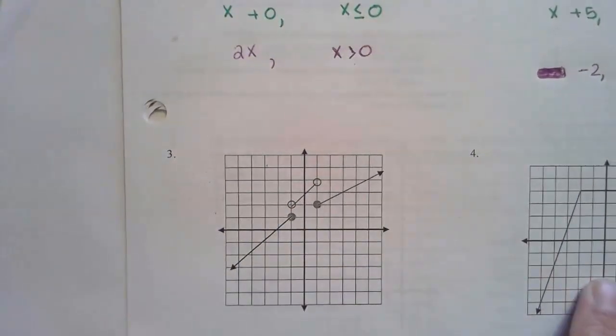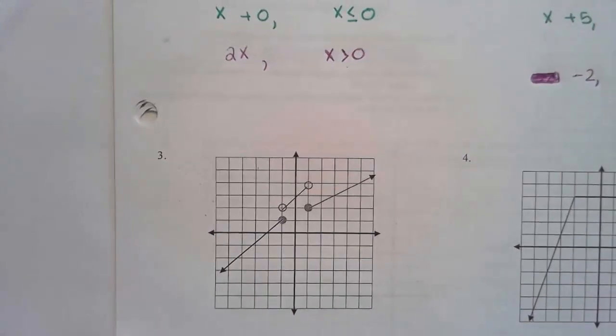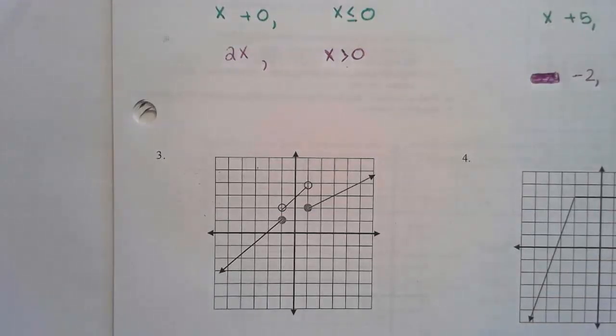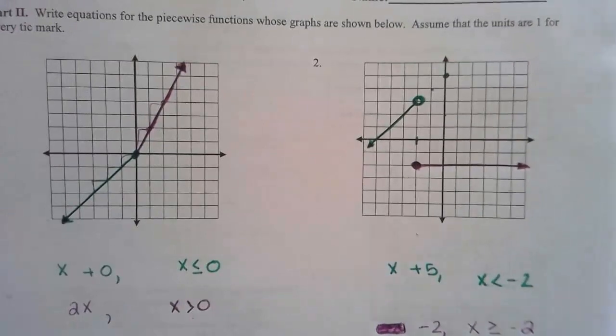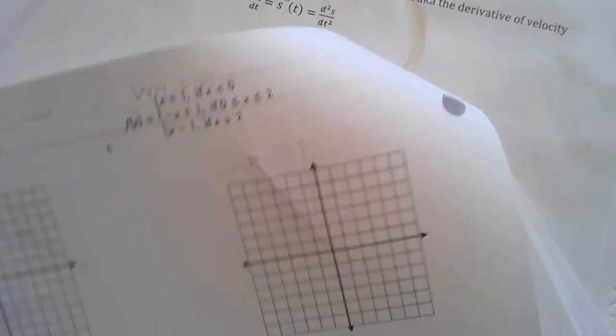Same ideas for 3 and 4. I will be posting an answer key to those. And actually, I don't want to post the answer key now because I extended this assignment to give you guys time to ask me questions and to go over questions. So that's why I'm not putting up an answer key today.